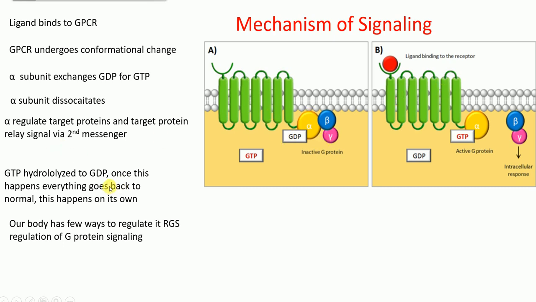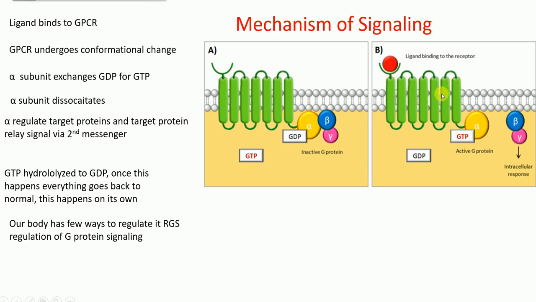So here I discussed how the signaling occurs via G protein coupled receptors. What are the different steps? First step is that the ligand binds to the G protein coupled receptor.